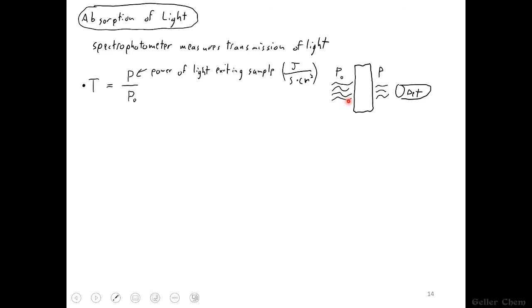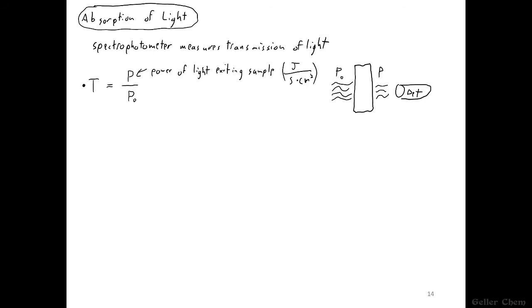And so the more energy that reaches an area of the sample in a given unit of time, the more light must be reaching the sample. So all of this is to say that the larger the power, the more light must be reaching the sample. And the lower the power that comes out the other side, the more light must have been absorbed by our sample. And we'll see later that that's a very important concept for analytical chemistry.